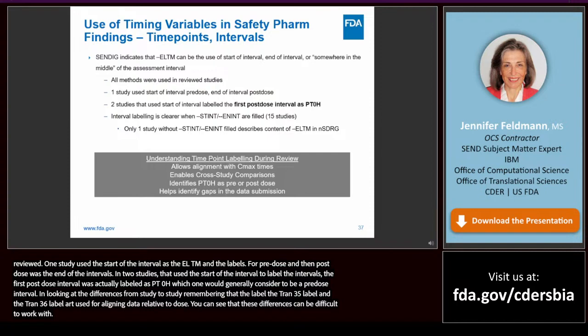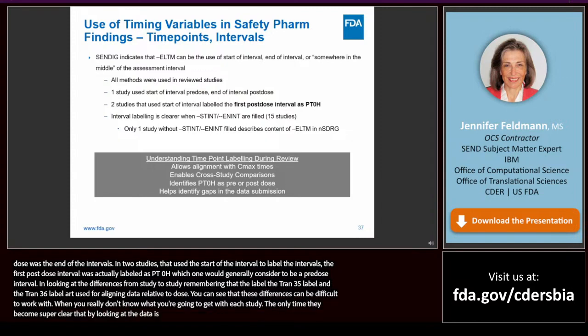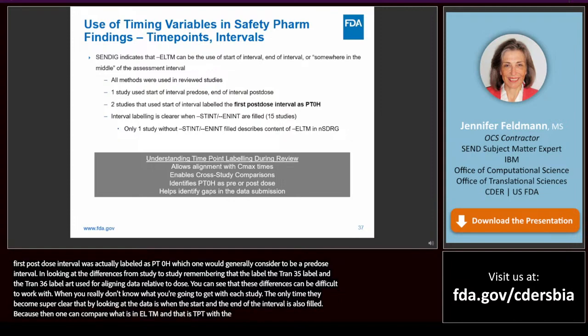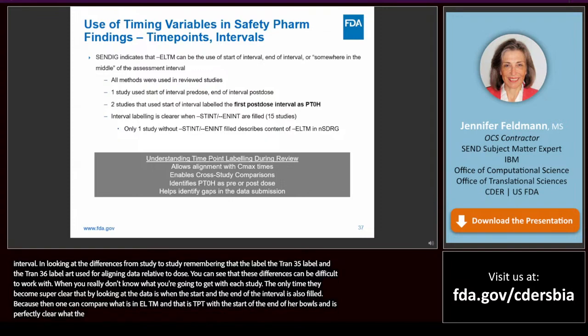And the only time it becomes super clear by looking at the data is when the start and the end of the interval are also filled, because then one can compare what's in ELTM, and thus TPT, with the start and the end of the intervals, and it's perfectly clear what the label for ELTM and TPT are representing: the start, the end, or somewhere in the middle.